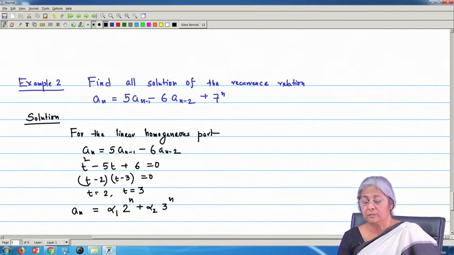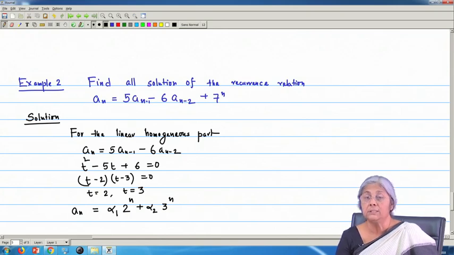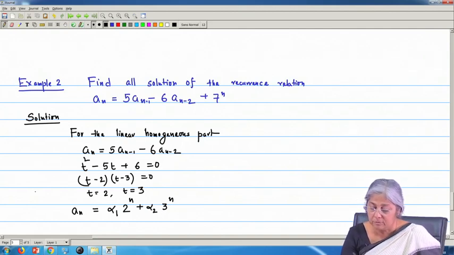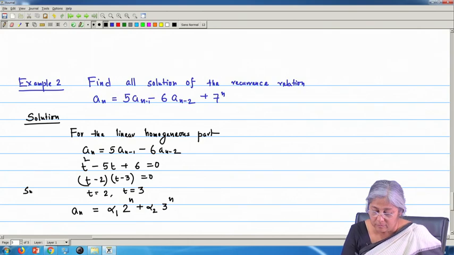What earlier we have done, that b s n plus d t n. Here s n equal to 2 to the power n, and t n equal to 3 to the power n.